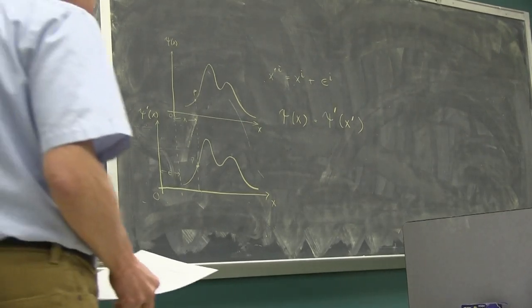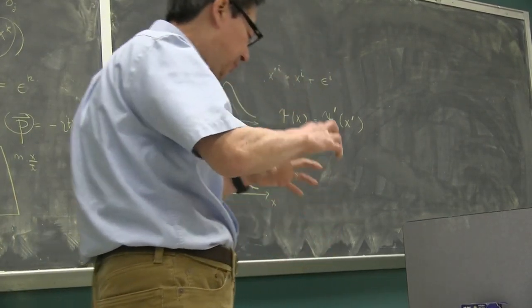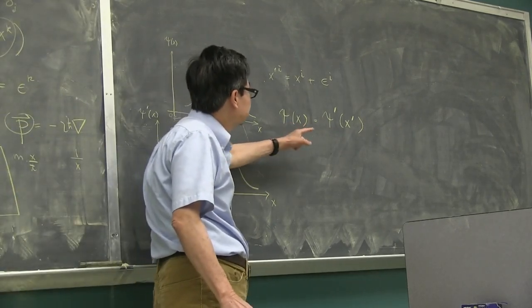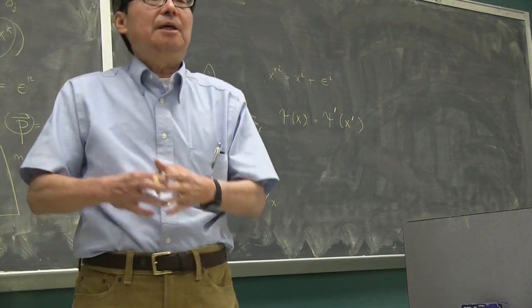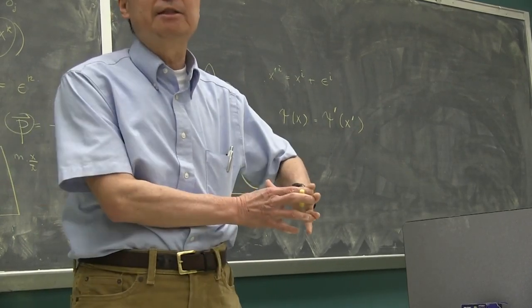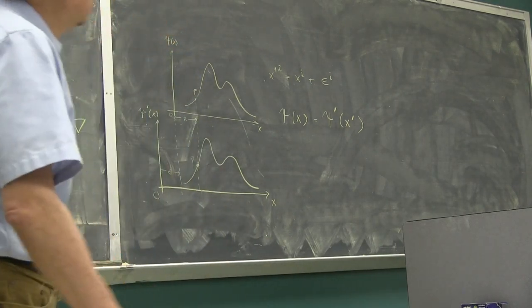The idea is this. I'm going to try to come up with an operator that changes the old function to the new function. The operator is to represent a certain amount for the translation, okay?